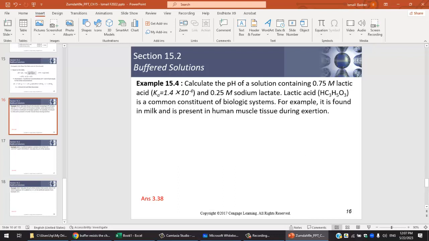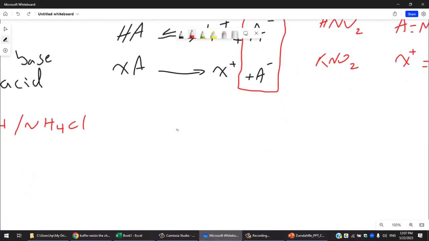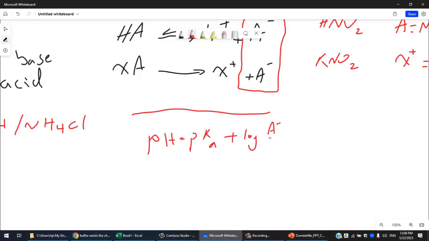This question, you don't have to do a lot of calculations here. You can right away apply the Henderson-Hasselbalch equation because you have the concentrations and you have the Ka. So you can jump and say that the pH is actually equal to pKa, which is minus log the Ka of the acid, plus log concentration of A minus divided by the concentration of the acid.